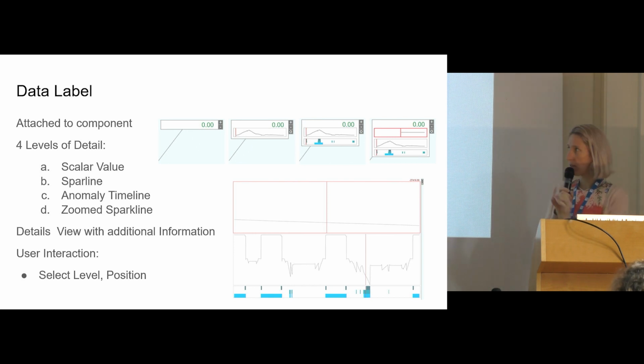And since these are very small and sometimes we want to investigate one component in more detail, we can expand this view of one of these data labels to span basically the whole screen, and we get more detail. This is a little bit of work in progress, so we plan to add more detailed visualizations to this view still.